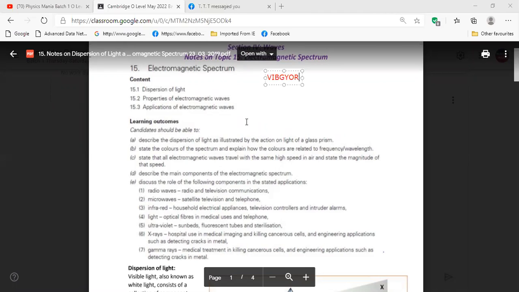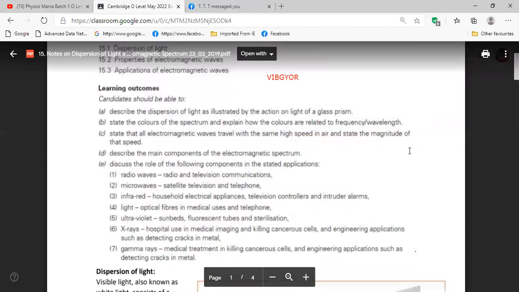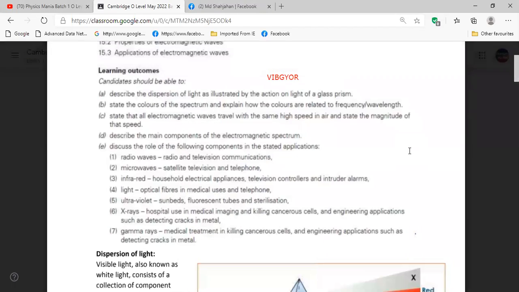You see here in this electromagnetic spectrum, the contents are there and learning outcomes. So, Monica, please read these learning outcomes. Can you see clearly, or I should make it bigger? See it. You can make it bigger in your mobile also, according to your need. Yes, sir. Okay.